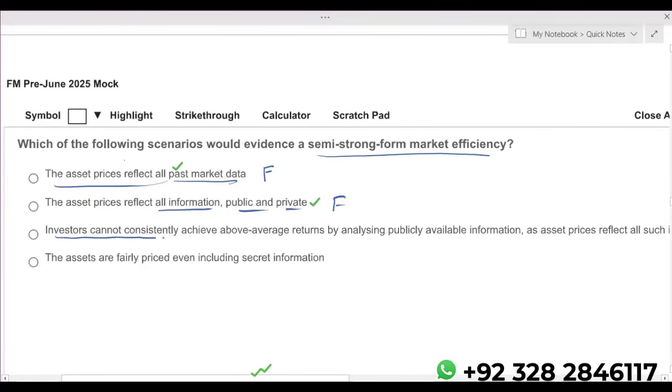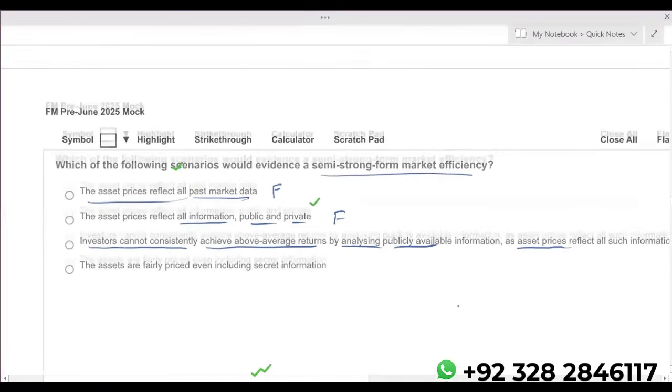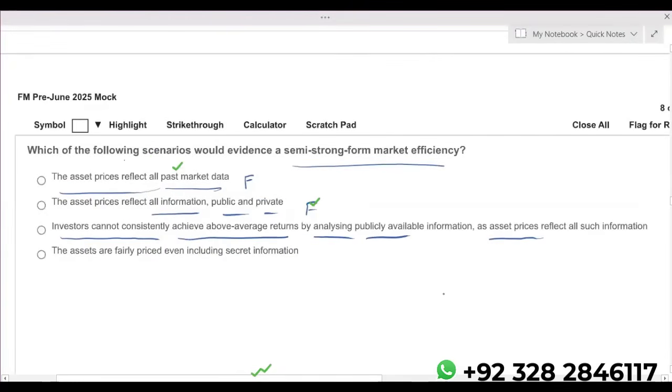Investors cannot consistently achieve above average return by analyzing publicly available information, as asset prices reflect all such information. That is true. Basically, in semi-strong form, your share price reflects the information of the past plus the information which has been made public. Read it again.